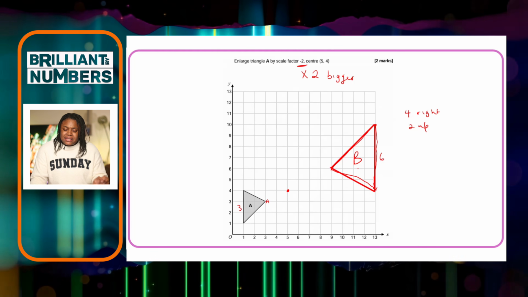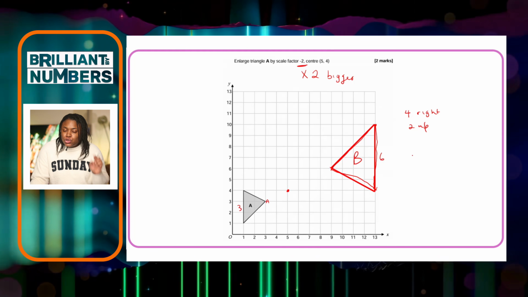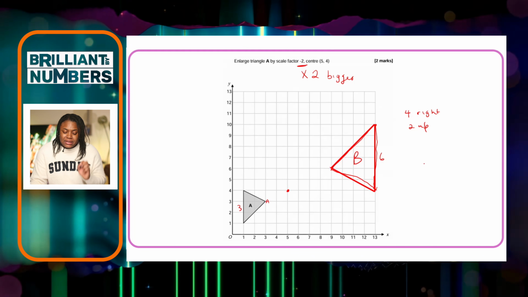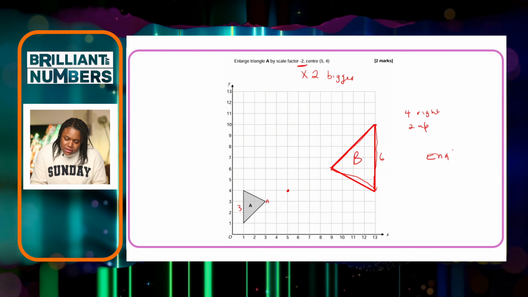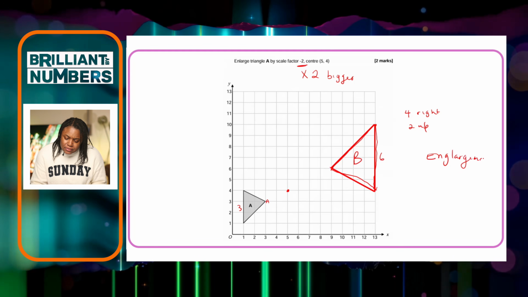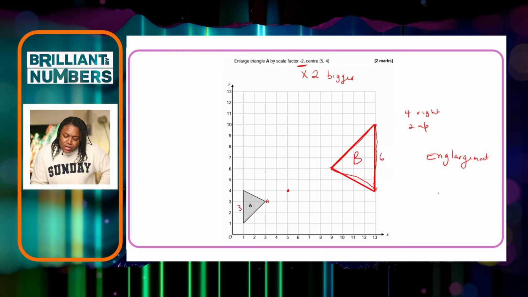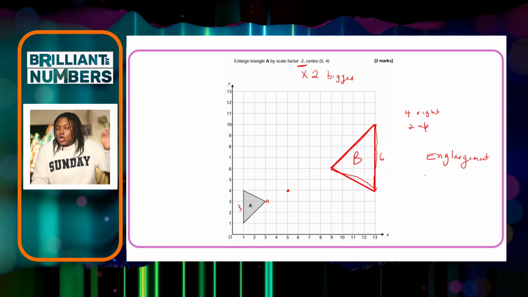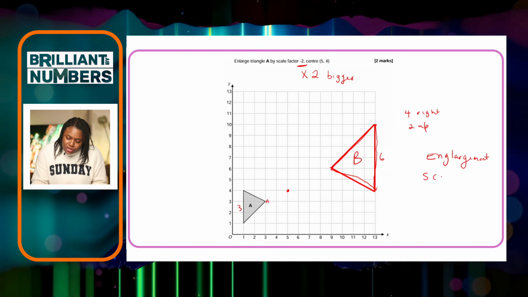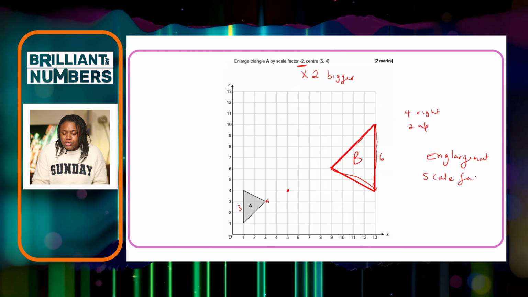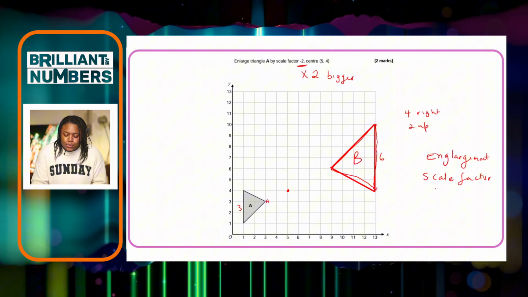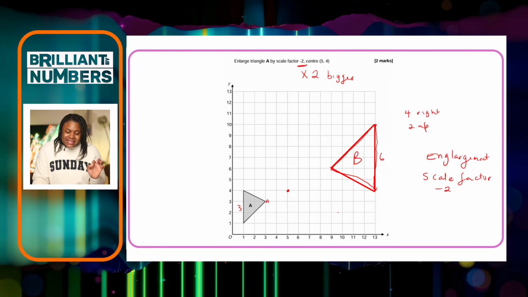So you can see that it is doubled, but you need to say that it is an enlargement. The scale factor is doubled, but it's going to be minus because clearly it's on the opposite side of the center. So you would have said scale factor minus 2. And then you have to say the center.